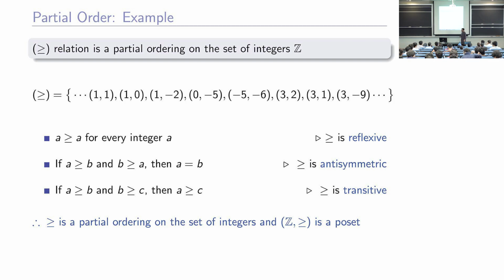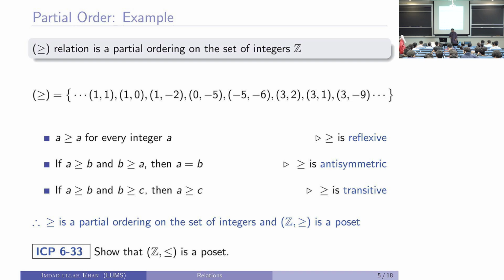Okay. So, is Z together with the relation less than or equal to a poset? We need to argue that the less than or equal to relation is a reflexive relation on integers. Is every element of the set of integers less than or equal to itself, right?